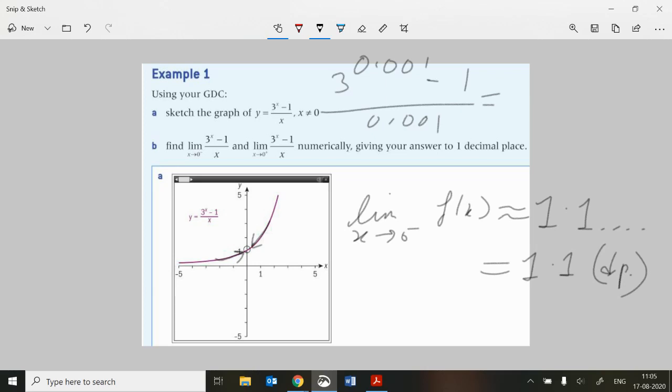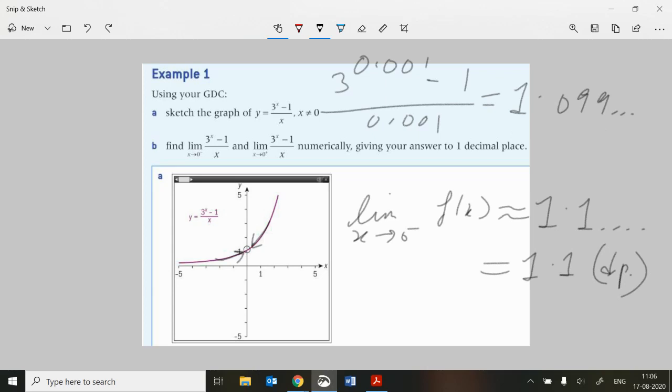So we've got 3 to the power of 0.001, subtract 1 there, and then divide that by 0.001. Yeah, so that's giving us an answer of 1.099 and so on.